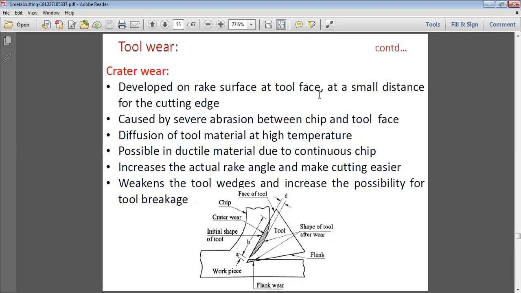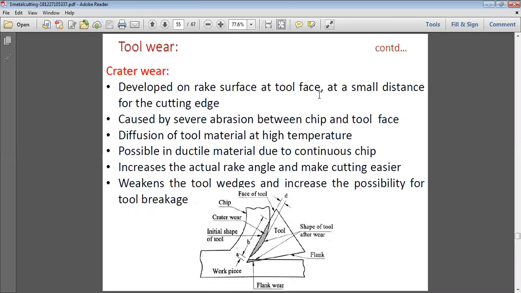At that high temperature, sometimes there is diffusion of tool material. The tool material diffuses with the workpiece, and due to this there is wear in the crater at that part, which is known as crater wear. Next, it is possible in ductile material due to continuous chips. As we have discussed earlier, when machining ductile material, there will be production of continuous chips.